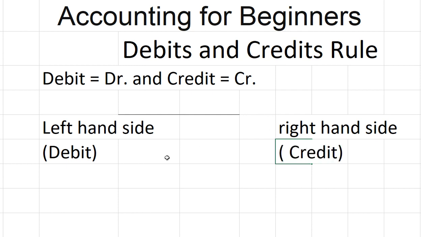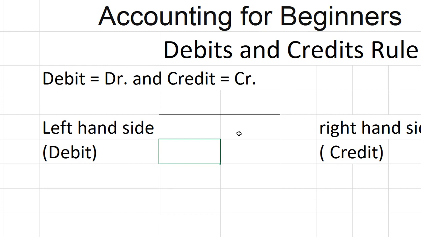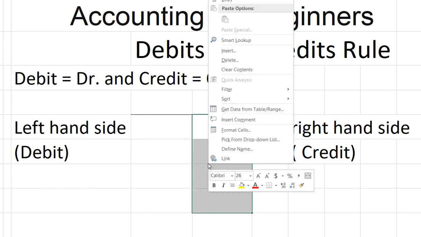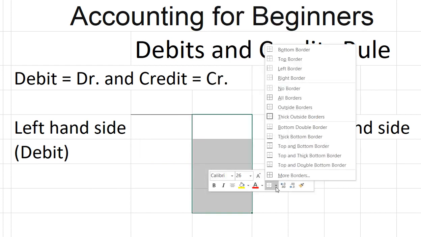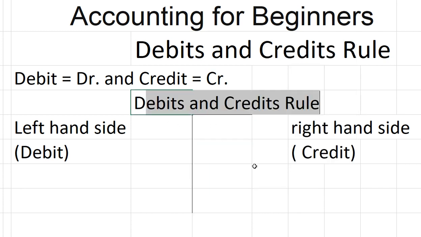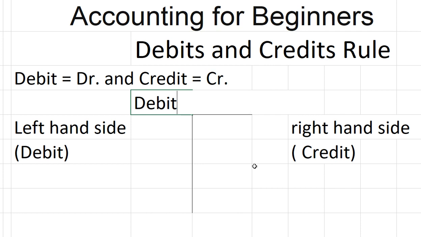So I will draw the T accounts to show you. Okay, here is debit and here is credit.